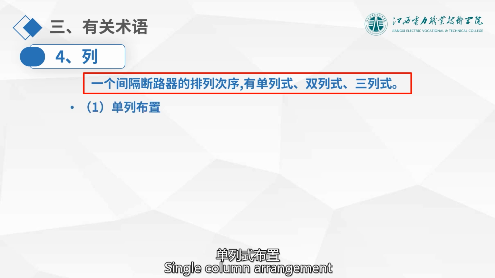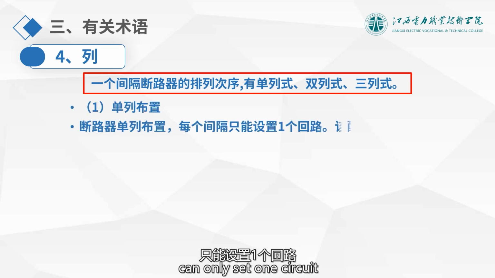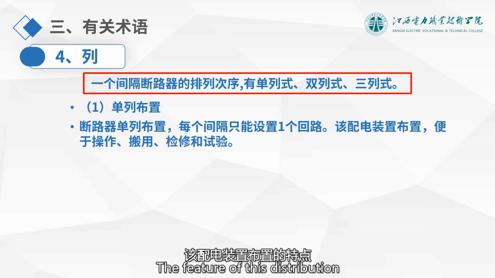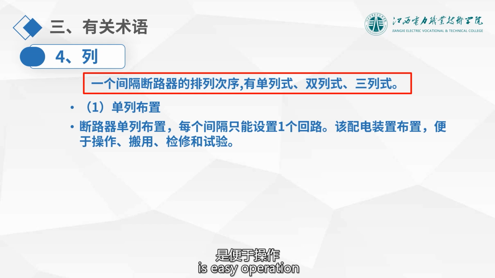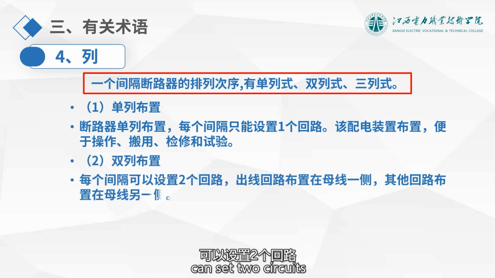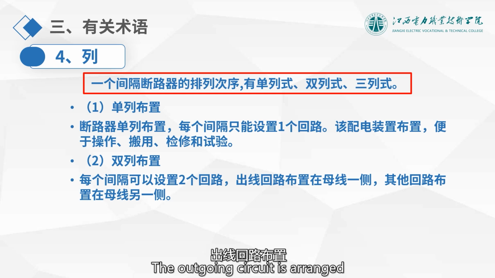Single column arrangement means each section can only set one circuit. The feature of this distribution equipment arrangement is easy operation, movement, maintenance, and testing. For double column arrangement, it means each section can set two circuits. The outgoing circuit is arranged on one side of the bus bar.